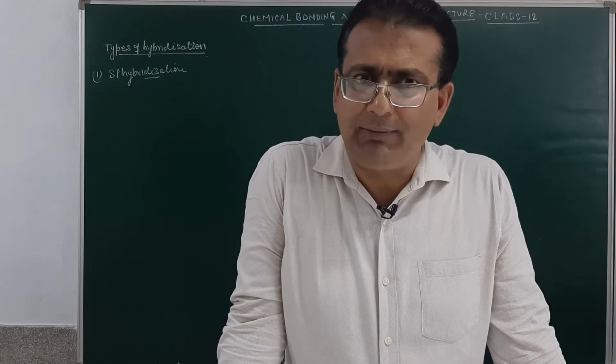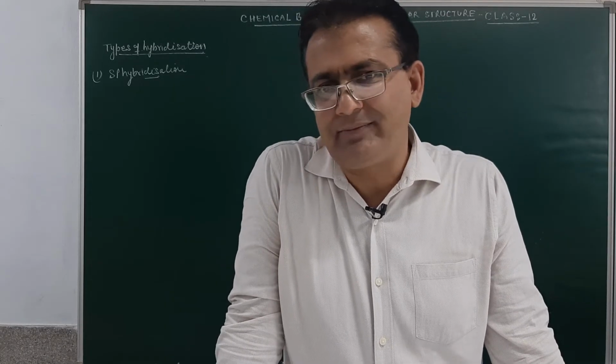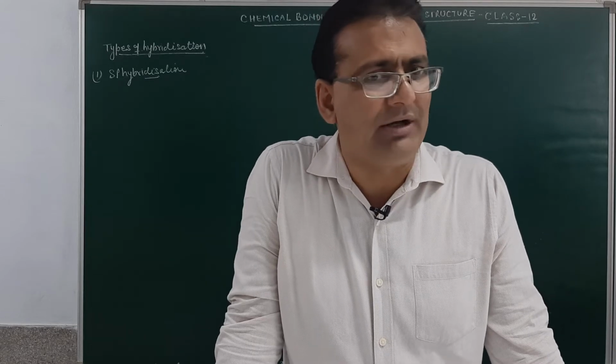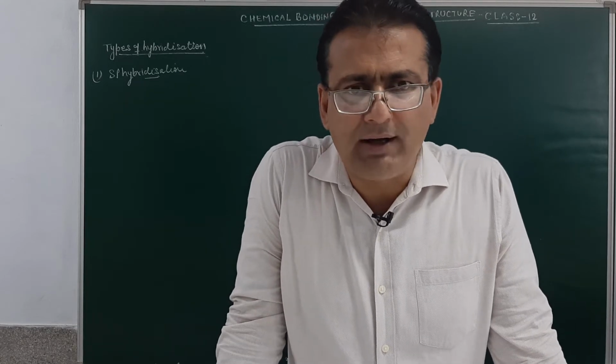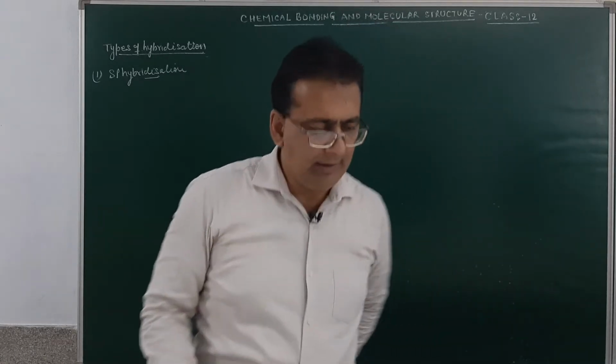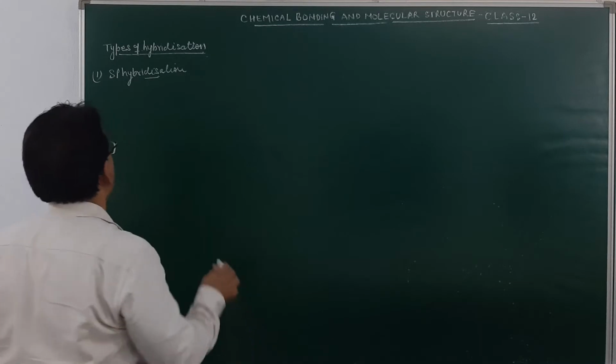These two sp hybrid orbitals will orient themselves so as to adopt a linear geometry with a bond angle of 180 degrees. Am I clear?